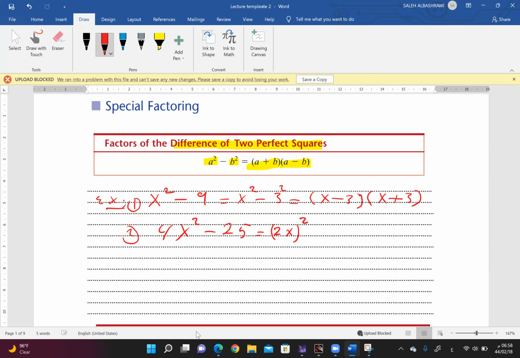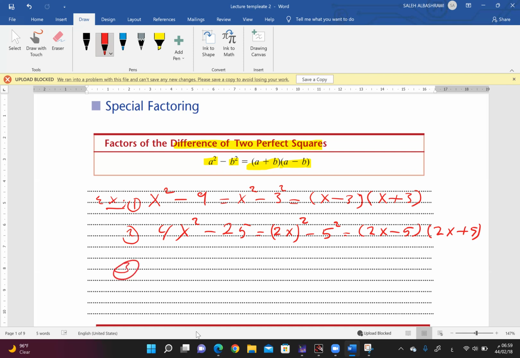It can be written in this way. 4x squared is 2x all to power 2 minus 5 to power 2, which can be written as 2x minus 5 multiplied by 2x plus 5. Or I can reverse it: 2x plus 5 multiplied by 2x minus 5. So if we have a difference between two squares, it is very easy to factor.